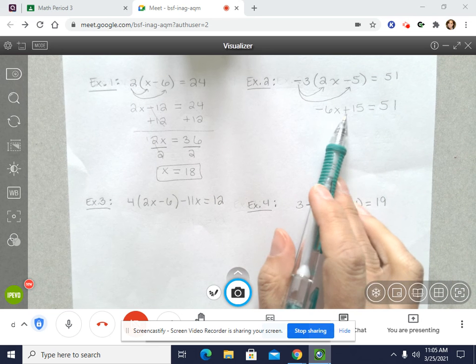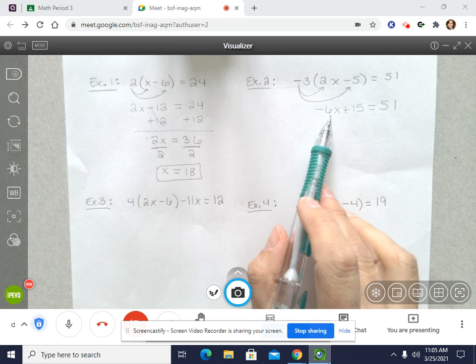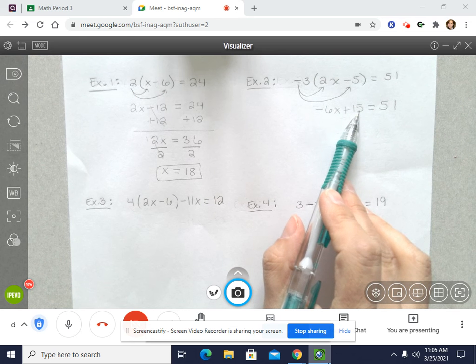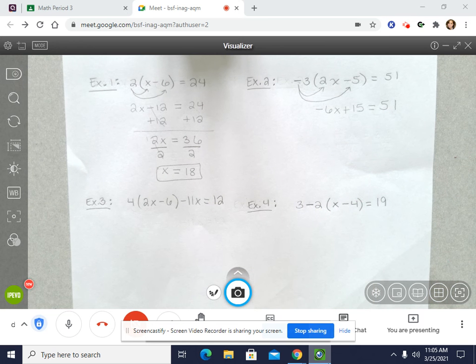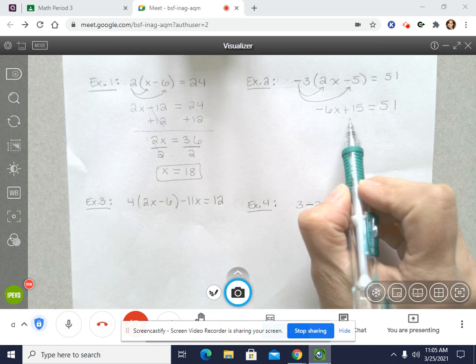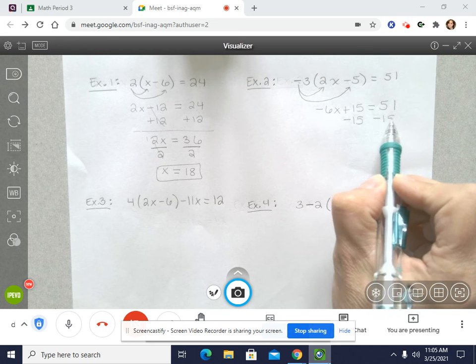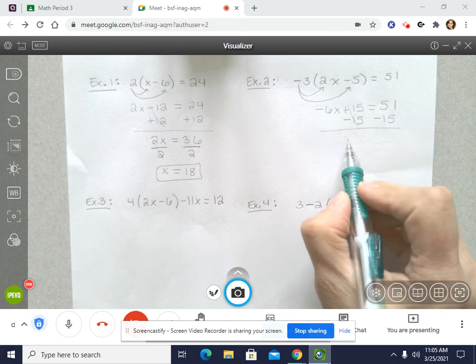Is there anything to combine here for like terms? No, right? Because this term has an x and this is just a constant. It does not have an x. So these are not like terms. And then on the other side of the equation, it's just one term, so there's nothing to combine. So this is a two-step equation. So undo adding 15 by doing the opposite, subtracting 15. Those undo one another.